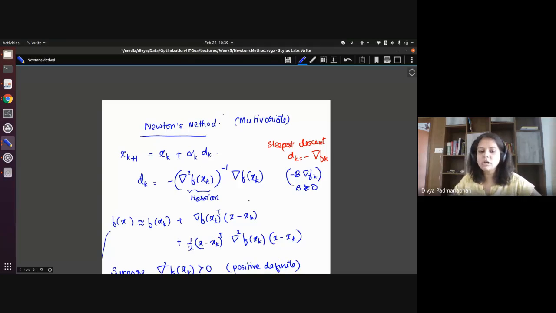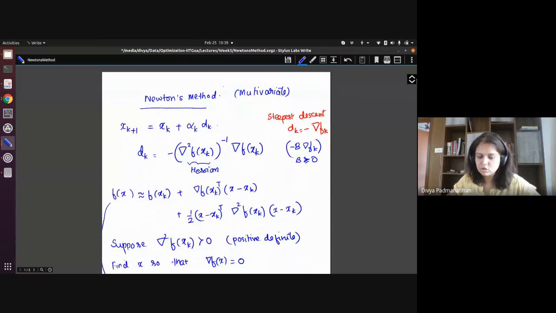Now, how did we come to this form? This is from the Taylor series approximation. This is what we did for the one-dimensional case, and the same idea extends to higher dimensions, where you take the quadratic Taylor approximation around xk. That's given by f of xk plus gradient times x minus xk plus this quadratic term.